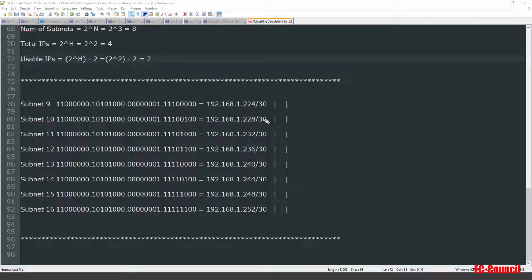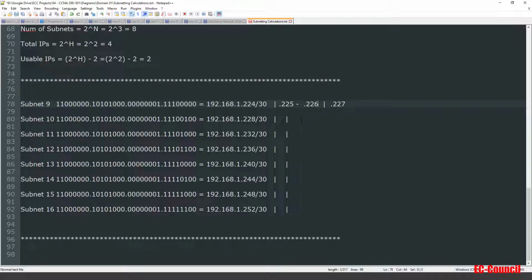Well, if you remember, the shortcut is the network ID plus 1 is our first usable IP, which is .225. The broadcast is the next network ID, which is 228, minus 1 will give you the broadcast for your previous network, which is .227. The broadcast minus 1 is the last usable, which is .226.